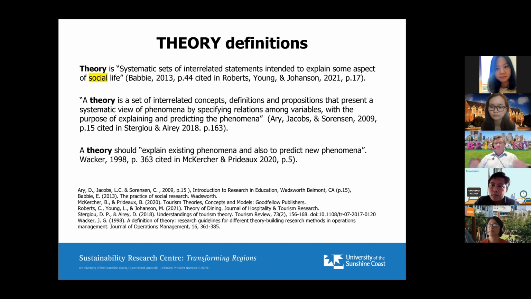That's what most people working in tourism want. They don't want to know about what's happened in the past. They want to know what the future is going to be like. And unless you can predict, your research isn't as useful as it could be. So again, think about that.